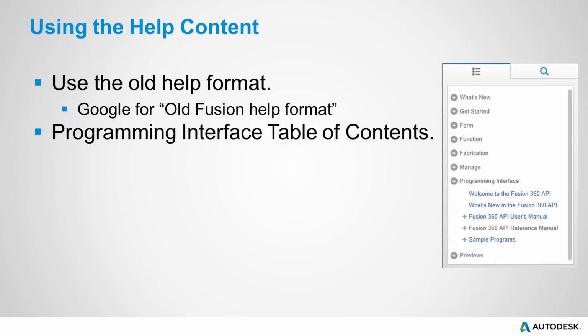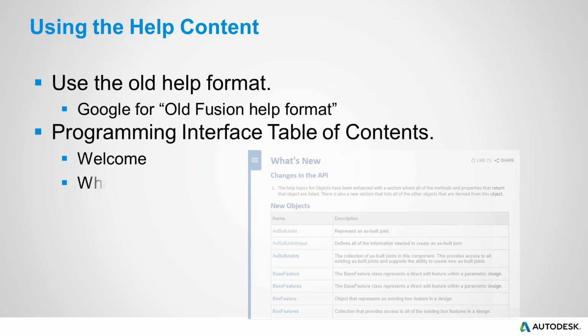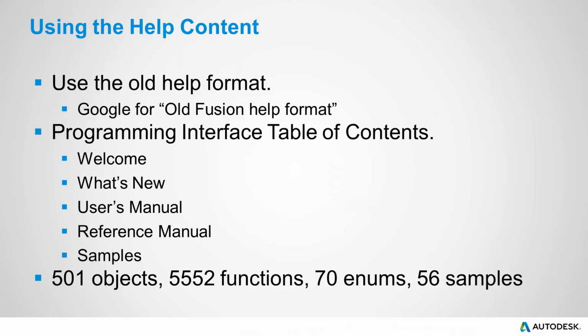So I've got a few slides here that just talk about what's in the help. I'm going to skip through the slides real quick and just go to the help itself and demo that. But first, while I'm here on this slide, just to show you what's in the help.